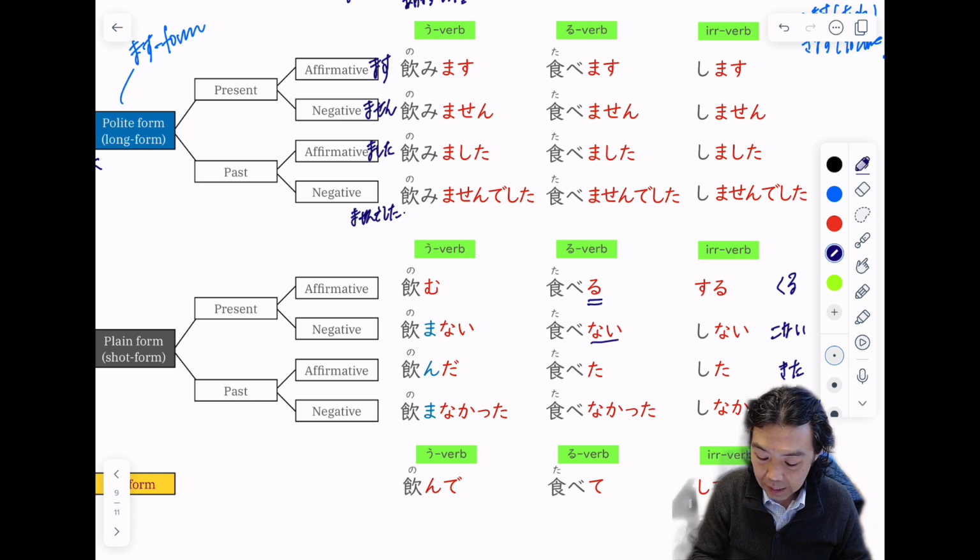Present negative is ない. So 食べます becomes 食べない. 寝ます becomes 寝ない. 開けます becomes 開けない. 見ます becomes 見ない. So again, stem plus ない. The past affirmative is た.